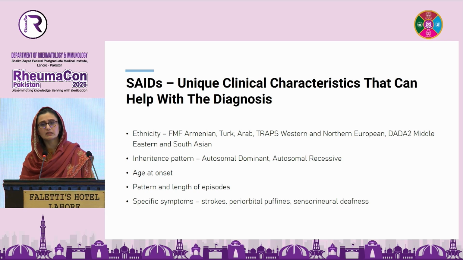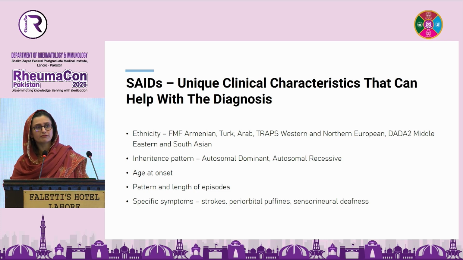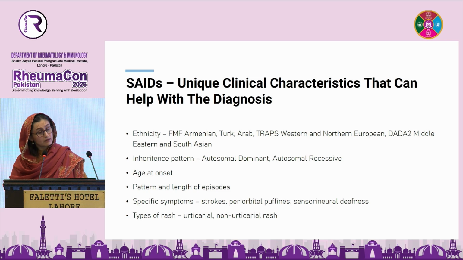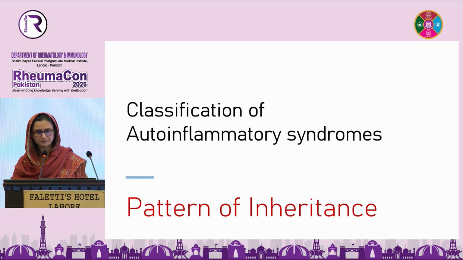In those cases, we can think of SINCA, Muckle-Wells disease, etc. Lastly, the type of rash they present with is also very important. Some of these diseases have urticarial rashes, as we shall see, and some have non-urticarial rashes. There can be erysipelas-like rashes, there can be monocytic fasciitis, and with correct identification of the rash, we can move in the right direction.